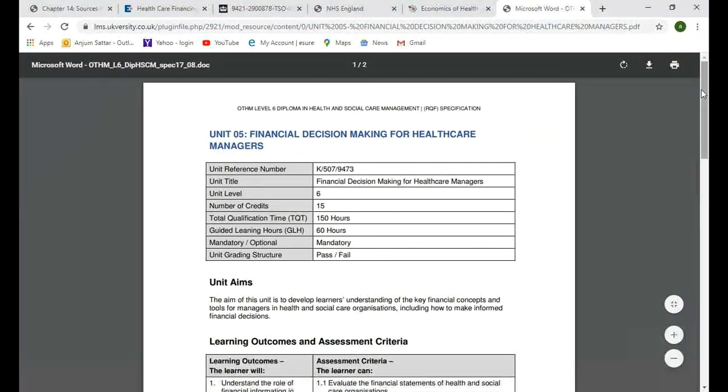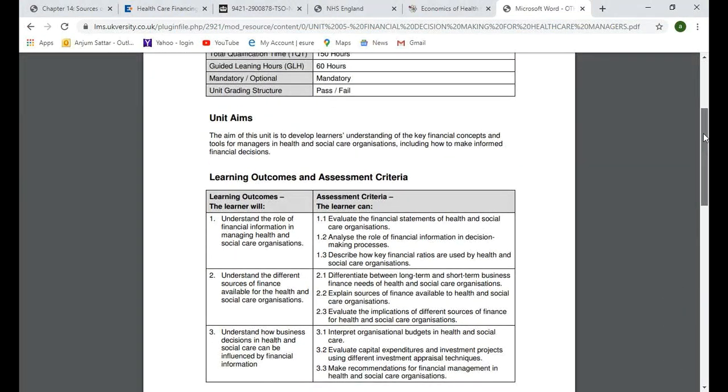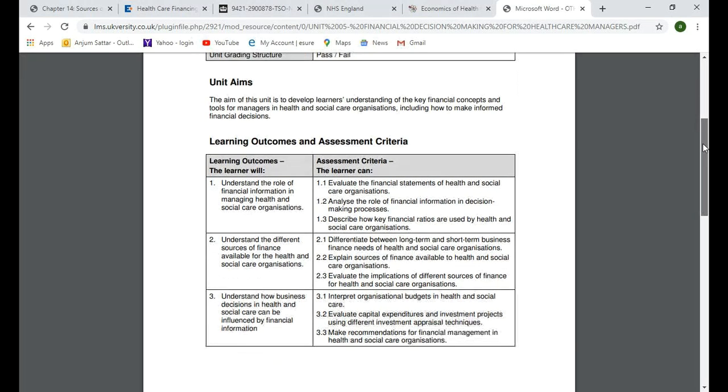Before moving forward today, we will recap what we learned during our previous lesson under LO1. Under LO1, we discussed the role of financial information: information is knowledge for an organization, and we can get it from internal and external sources.